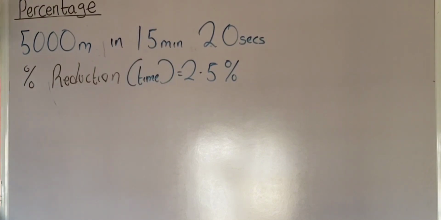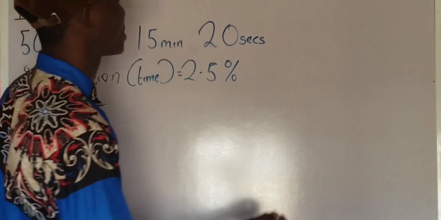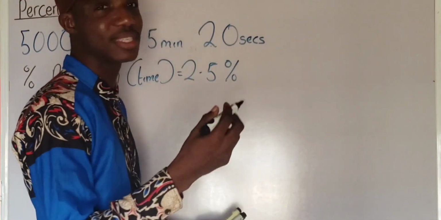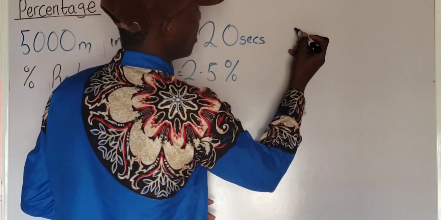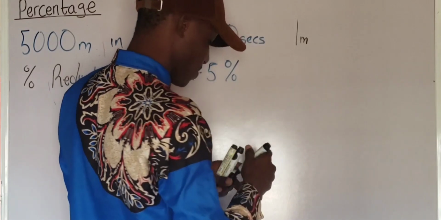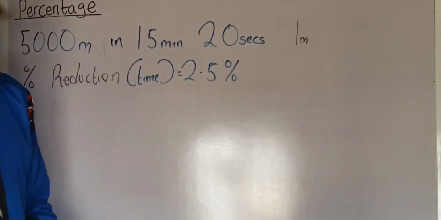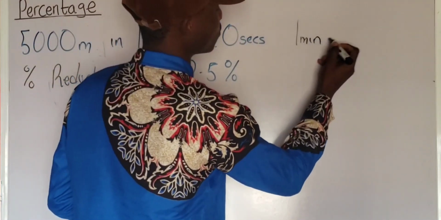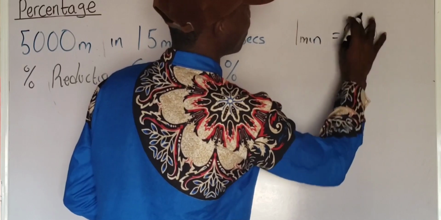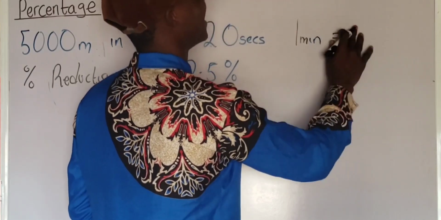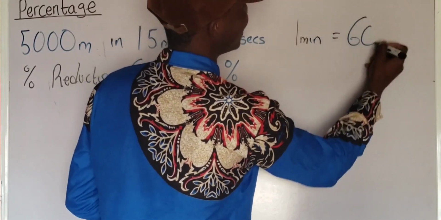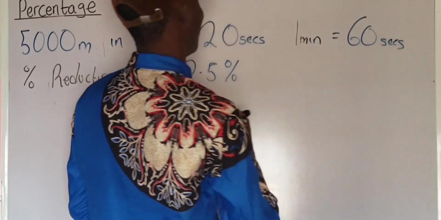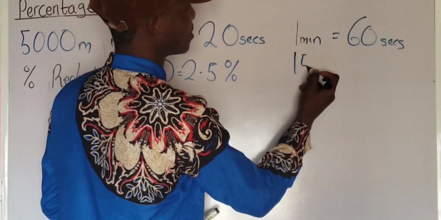Okay, let's quickly do that. 15 minutes to seconds. 1 minute is equal to what? 60 seconds. Now 15 minutes will be what?